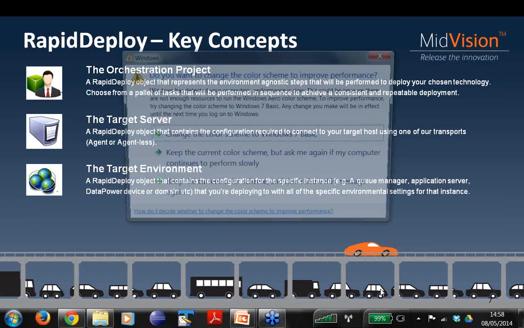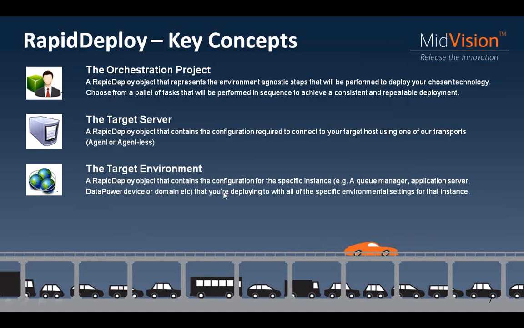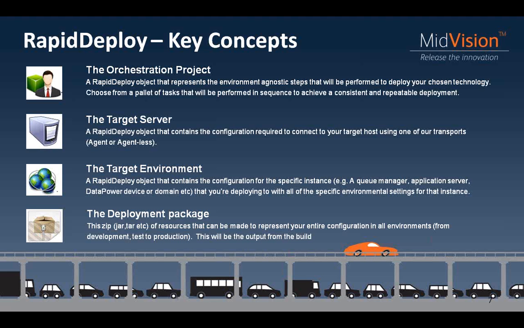So in the case of WebSphere, this would be typically a WebSphere cell, or in the case of WebLogic, for example, it might be a domain. But really today, we're looking at a WebSphere cell, and within that cell, we're going to be looking at a cluster. Okay, and then the whole concept of Rapid Deploy revolves around a deployment package. A deployment package really is the orchestration project effectively zipped up into a package.